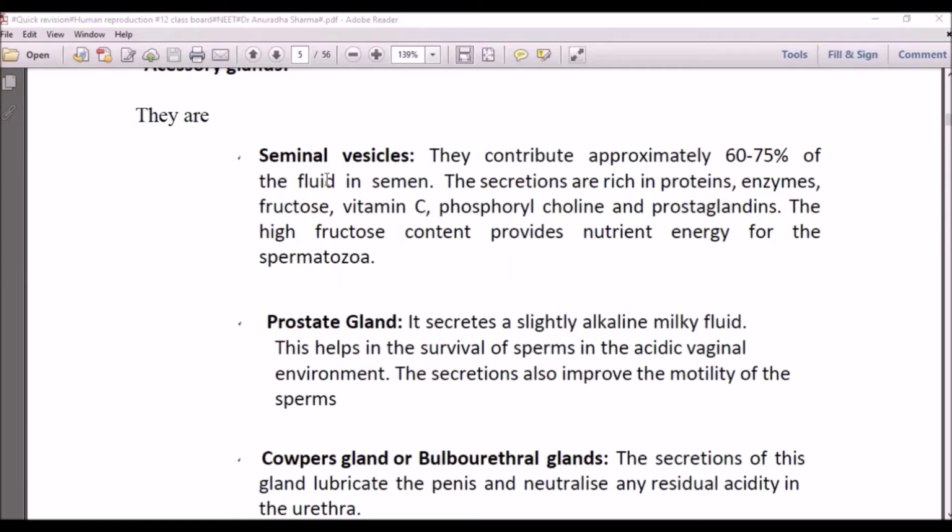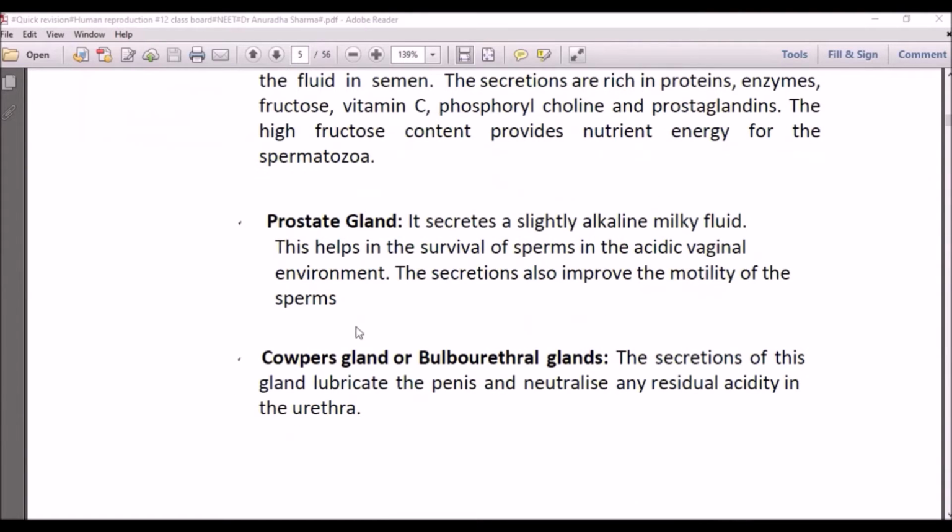Now these seminal vesicles contribute approximately 60 to 75% of the fluid in the semen and the secretion is very rich in protein, enzyme, fructose, vitamin C and prostaglandins, and they provide nutrient energy for spermatozoa. So these seminal vesicles are very important because they contain 60 to 75% of the fluid present in the semen and they also provide nutrient energy to spermatozoa.